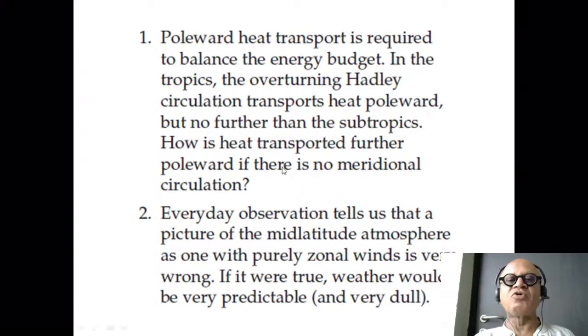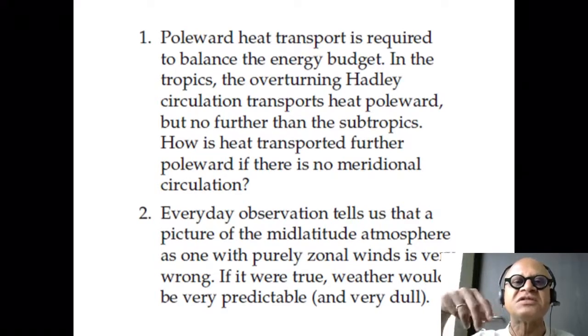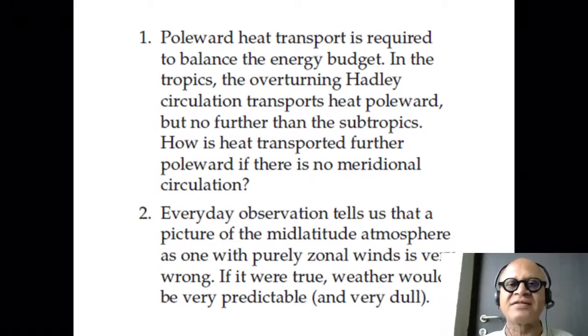This is the reason why we have been looking again and again at this meridional stream function figure, right? Everyday observation tells us that the picture in the mid-latitude atmosphere is not one with purely zonal winds, but actually it is highly wobbly and full of storms.